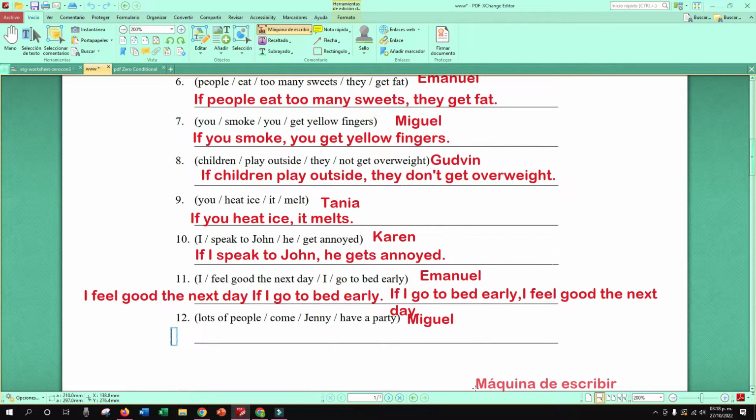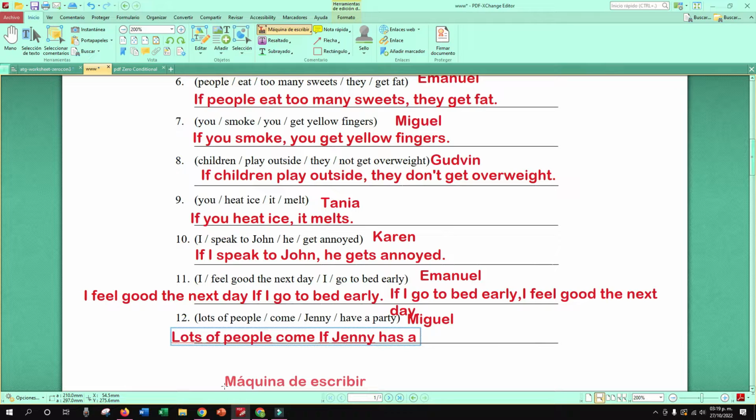What about 12? The last one, Mr. Miguel. La última. If lot of people come, comma, Jenny had a party. Okay. You can say lots of people come if Jenny has a party, right?